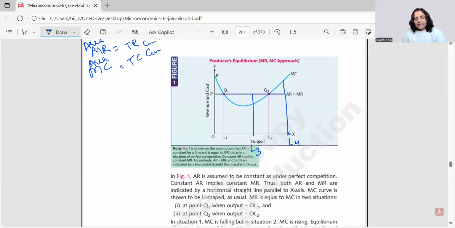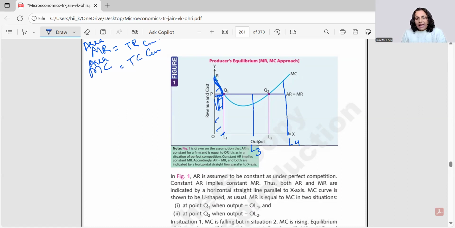Here, in this initial level, our costs are more and revenues are less. So this is a clear zone of losses. The producer is getting losses till this point of operation. Then he starts getting profits.